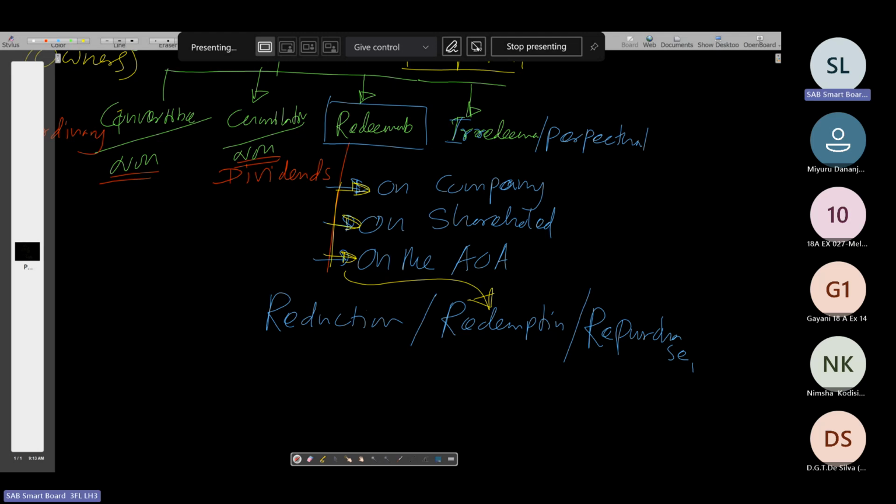Then another pattern: repurchase. Repurchase means buyback. The company can repurchase the shares.